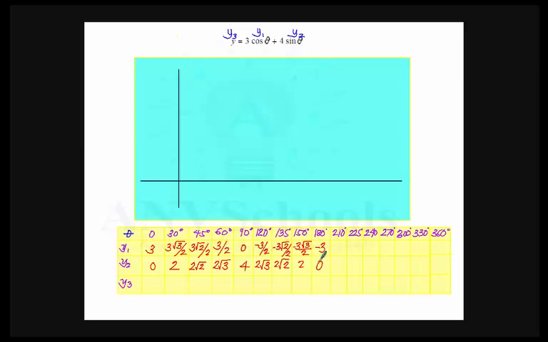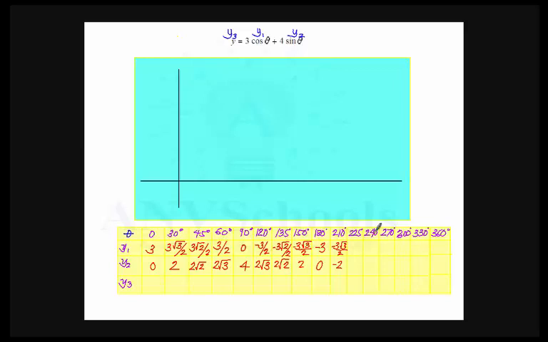For 210 degrees, the reference angle is 30 degrees, so we have to look for the 30 degrees value here, and both are in quadrant 3. So in quadrant 3 both are negative. So for 30 degrees that would be negative 3 square root of 3 over 2. The same is true for sine, we will have negative 2. 225, now all of these from 210 to 240 are in quadrant 3.